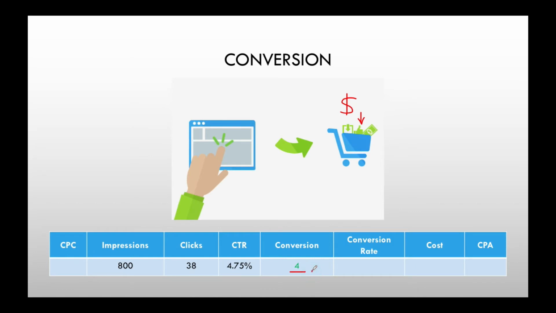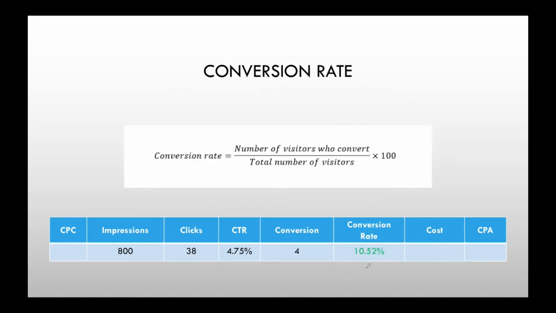We have 4 conversions. When we have clicks and when we have conversions, we get one more metric which is called conversion rate. So conversion rate is equal to the number of visitors who convert, basically conversions, divided by the total number of visitors.